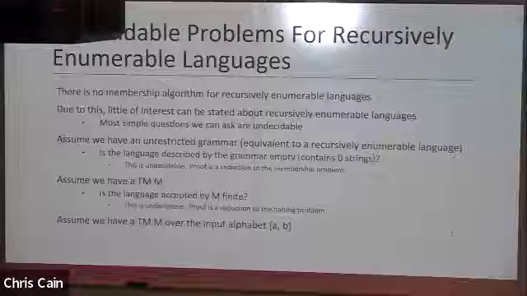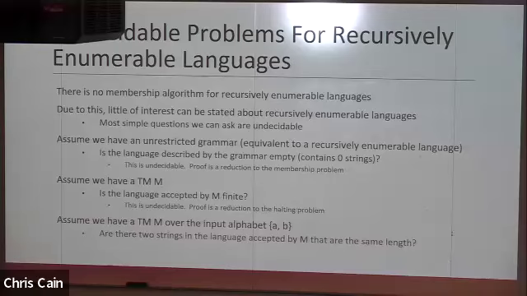So we have a Turing machine over an input alphabet {A, B}. Are there 2 strings in the language accepted by that machine that are the same length? When we find 2 strings that are the same length, we halt and say yes. If we have gone for a very long time and haven't found 2 strings that are the same length, can we stop and assume that that will never happen?